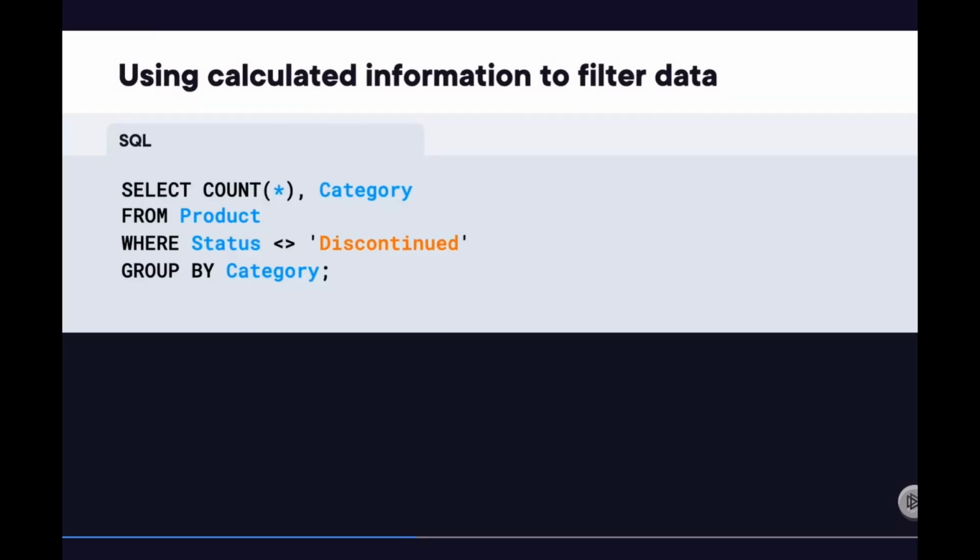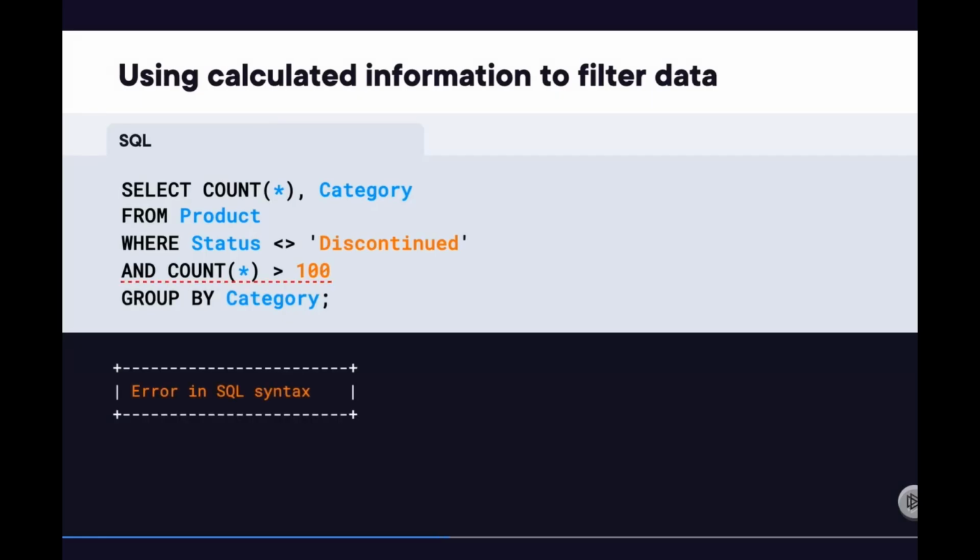So I might first be tempted to add it as part of the where clause. Perhaps I'd write something like this, where status is not equal to discontinued and count of everything is greater than 100. But this will not work. It will give me an error. And the reason is when we execute any SQL statement, the where part of the statement, the place where we are filtering the data, always happens before the group by, before any calculations are done.